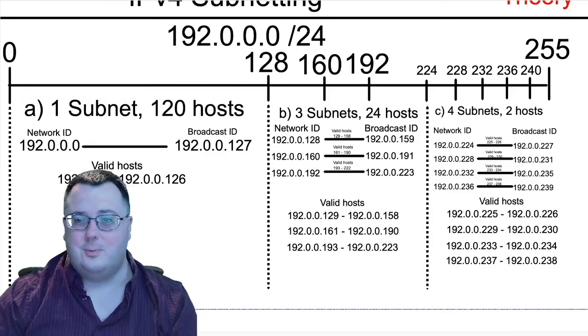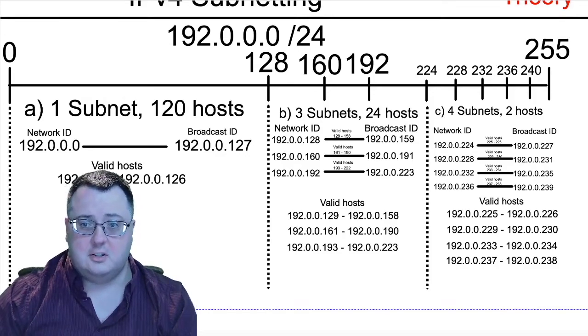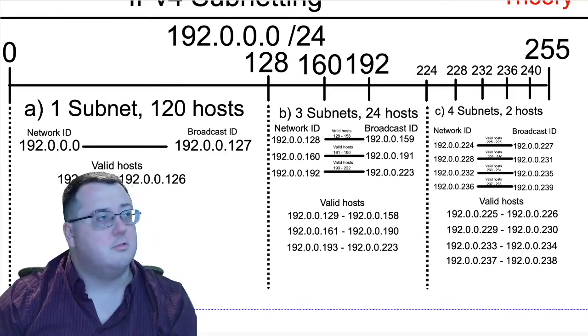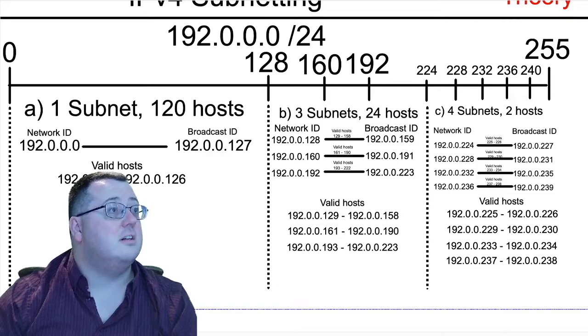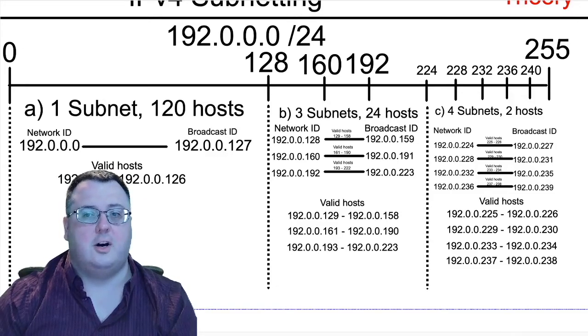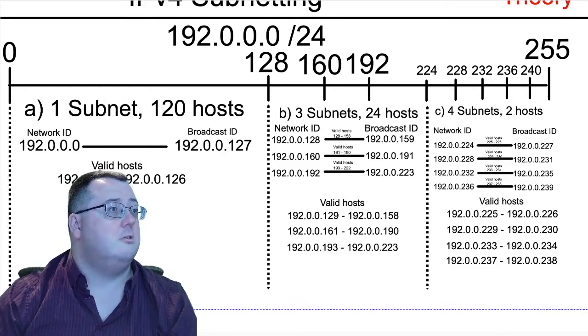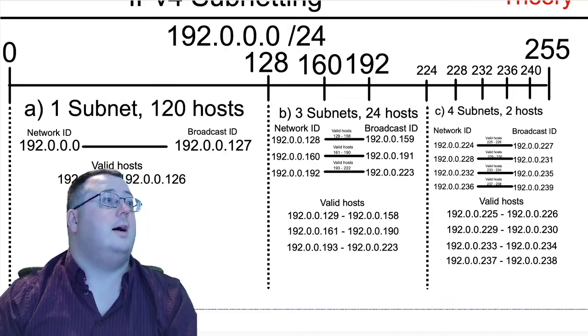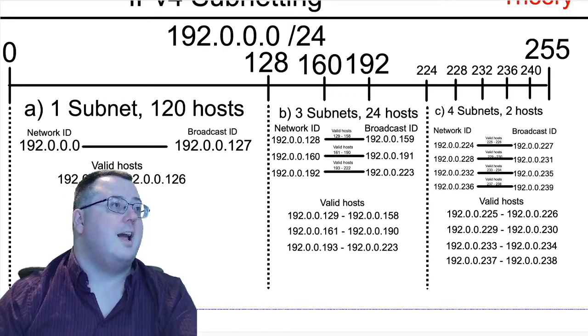It's really small there. Your network ID was 224 through to 227, broadcast ID, 228 to 231, 232 to 235, and 236 through to 239, with valid hosts as shown: 225 to 226, 229 to 230, 233 to 234, and 237 to 238.